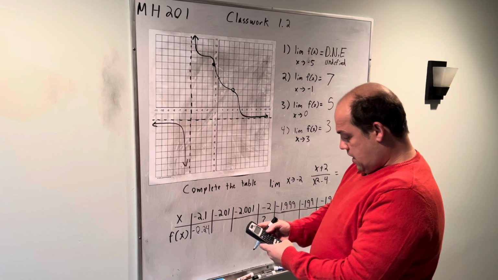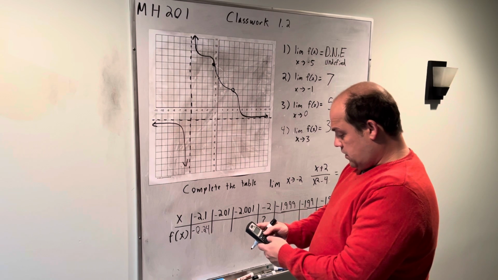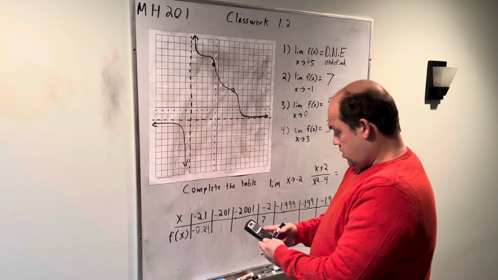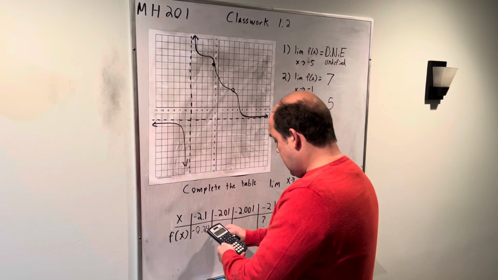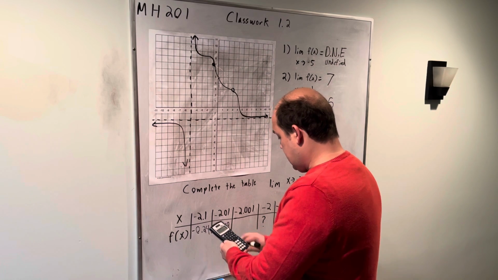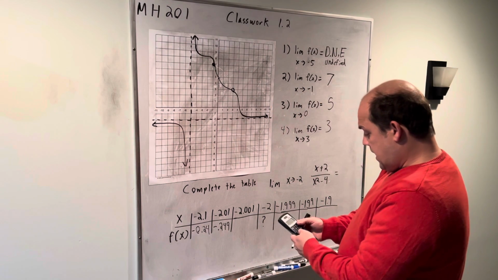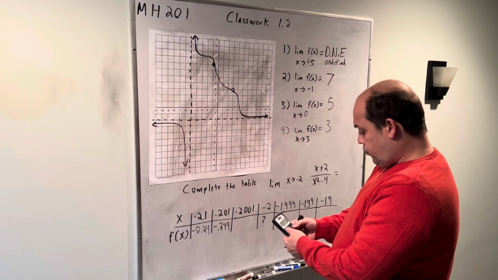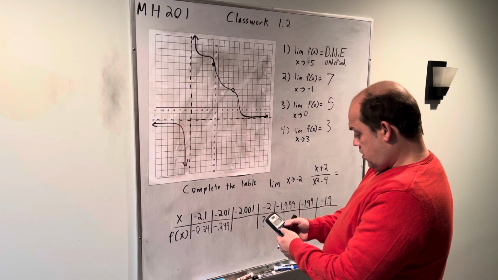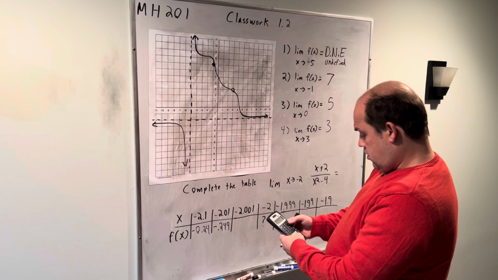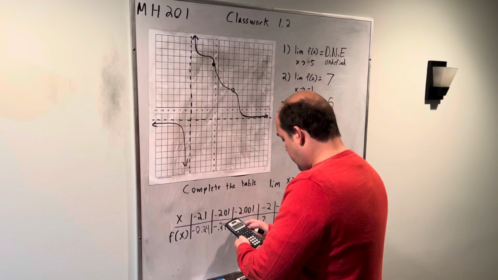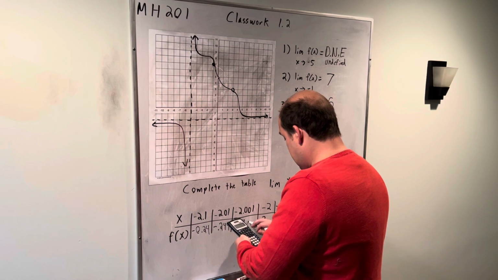Okay, so let's now try negative 2.01. Now I get negative 0.249. If I do it again, where now I'm doing negative 2.001, now I get negative 0.2499.